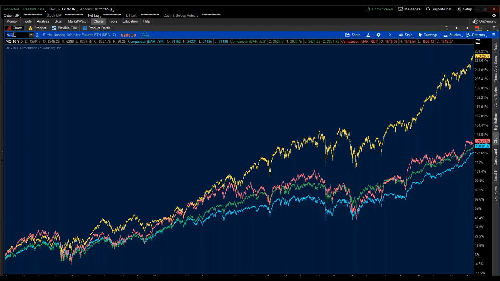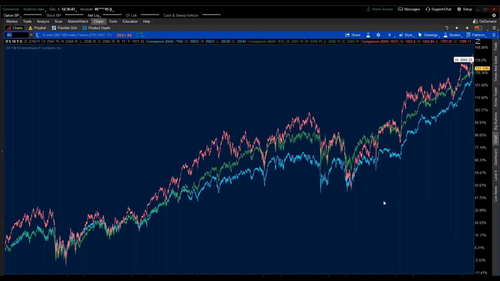But if I take off that NASDAQ and it looks like that, can you see the benefit of doing this kind of trading, looking at that chart going back to 2011?